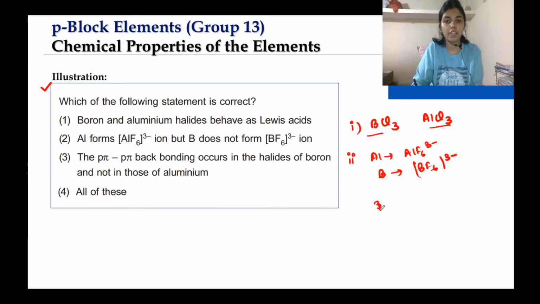Third option says that p-pi back bonding, the case of back bonding that we studied in halides of boron, is applicable to boron only and not in case of aluminium. And fourth says that all of these are correct. What should be the answer according to you? Anyone with the answer?